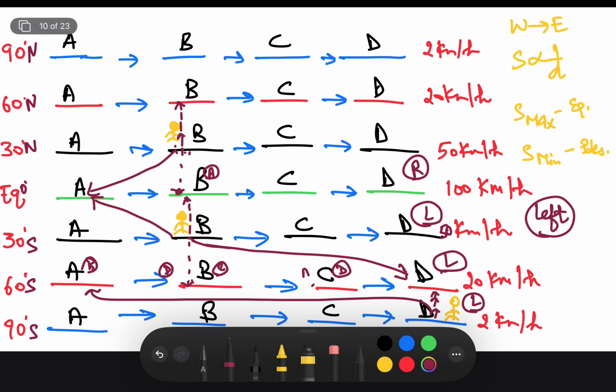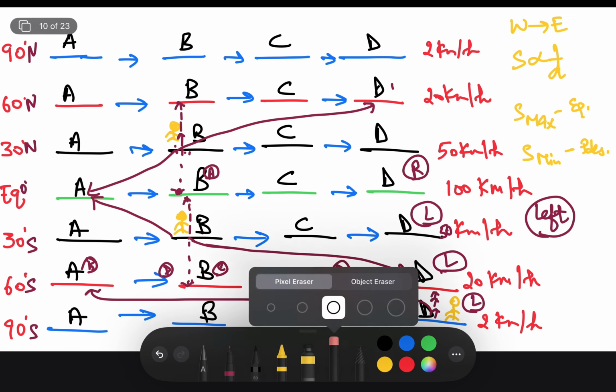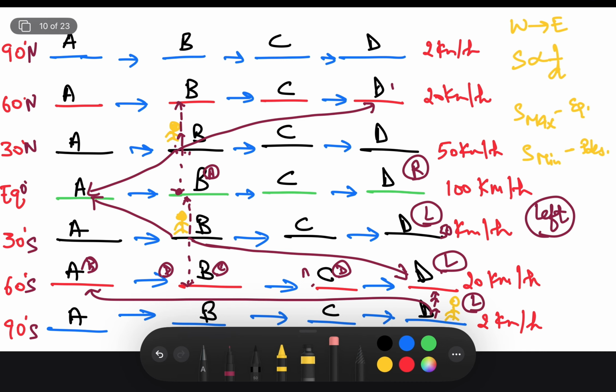So instead of reaching the point B, he will reach the point D. When he is about to reach the B point, this place is occupied by the D surface. Here we have the D surface, here the A, here is the B, and here is the C. So eventually he has to be on the B point, but when he reaches the B point, he will reach the D point.